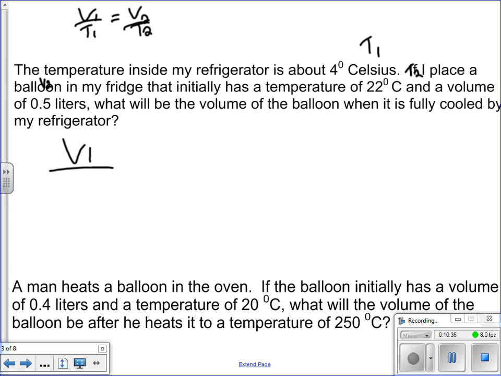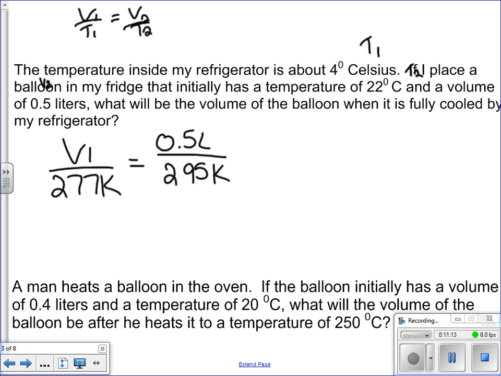So we have to take our 4 degrees Celsius, that gives us 277 K. Our V2, 0.5 liters, and then 22 degrees Celsius plus 273 would give us 295 K. So we need to solve for V1.